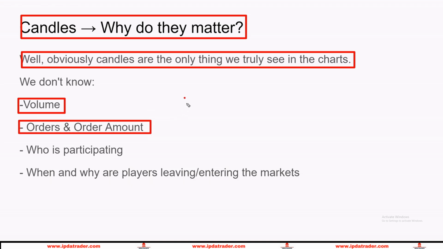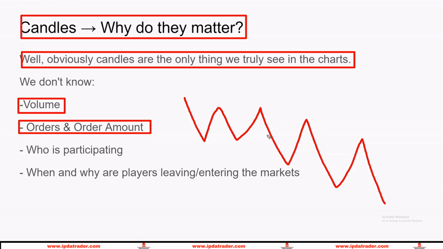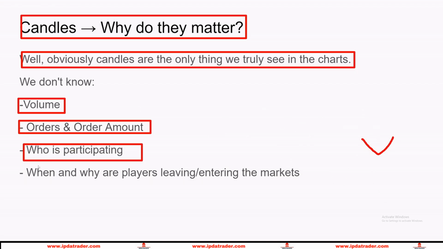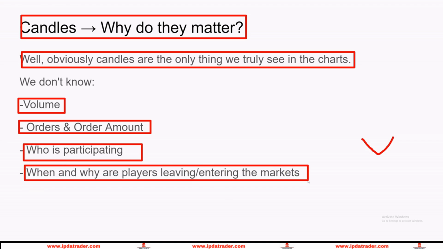Once again, you can try and read order flow, which is something that we teach and that works very well, but you don't have access to who's placing these orders, why are they doing so, and what's their plan with those orders. Okay, so understand that idea very well. You don't know who's participating. You don't know when and why are players leaving or entering the markets, right?